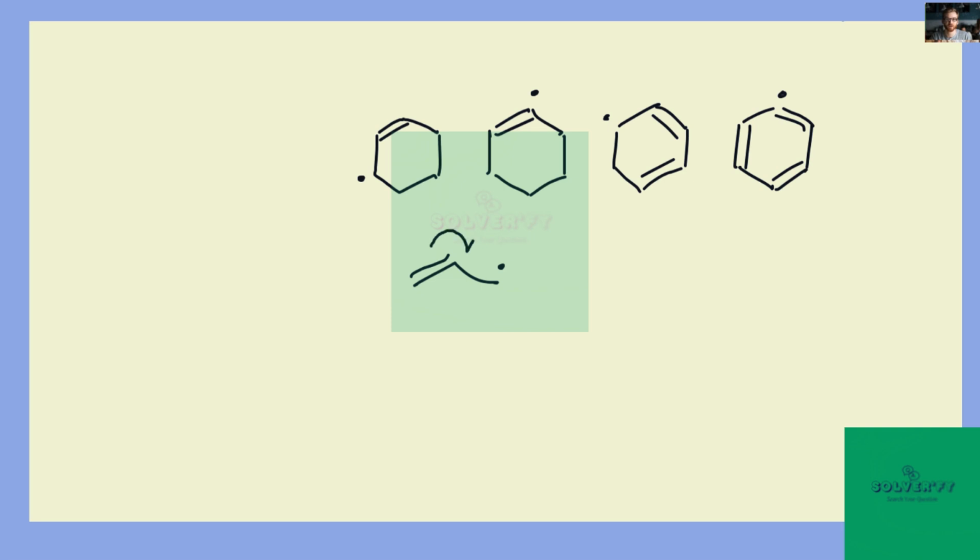There's a resonance form that could be drawn for this, in which the radical gets shifted over there, right? And this resonance increases the stability of the radical. So anytime you have a radical next to a double bond, its stability is increased, right? So off the bat, this one's looking pretty good. That's got resonance. This one has resonance too.